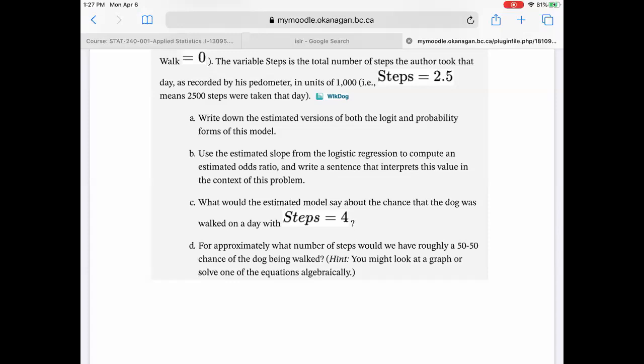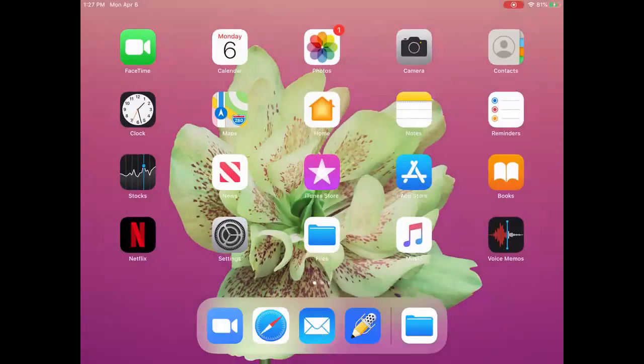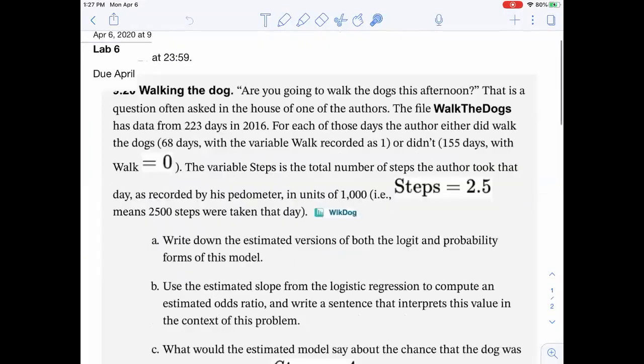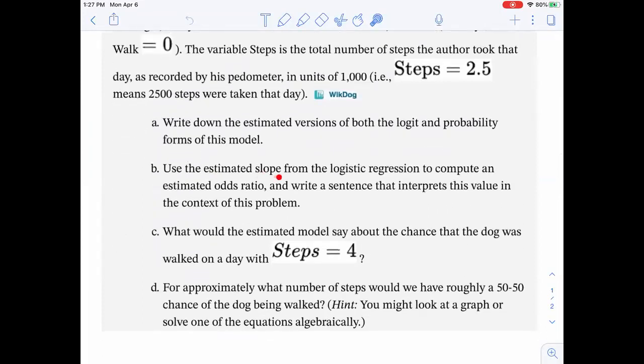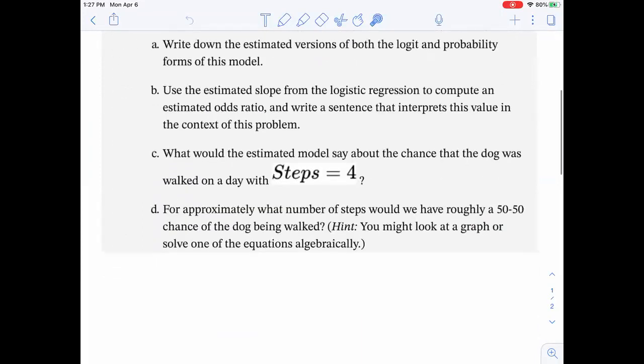So for part B here. Yeah, part D. Hang on, let me see, because I've got the lab here too. Oh, sorry. D as in dog. So here, this is the midpoint, right? Yes. So you want a 50-50.